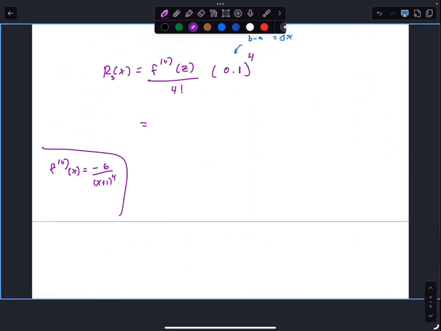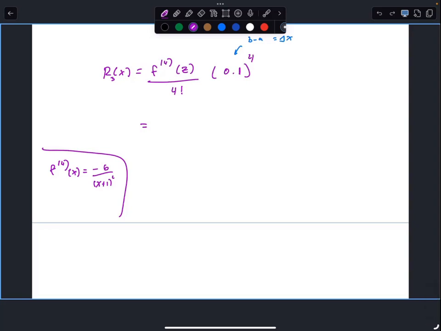Okay. So it equals negative 6 over 4 factorial, x plus 1 to the fourth, times 0.1 to the fourth. Good?